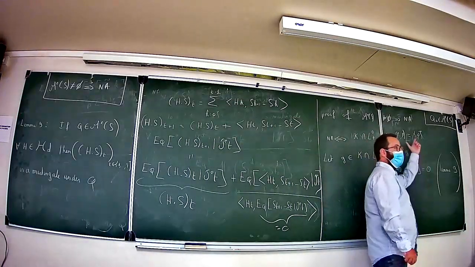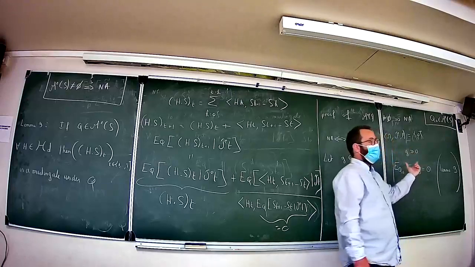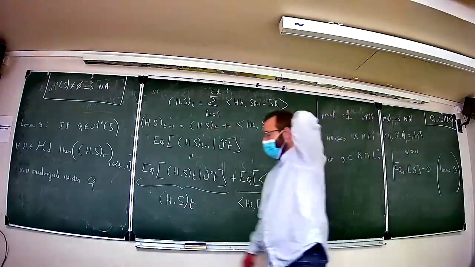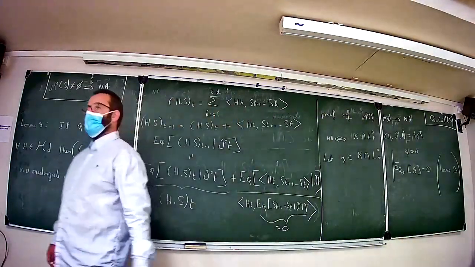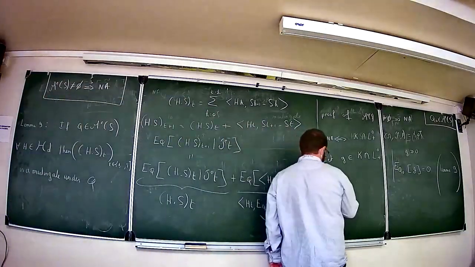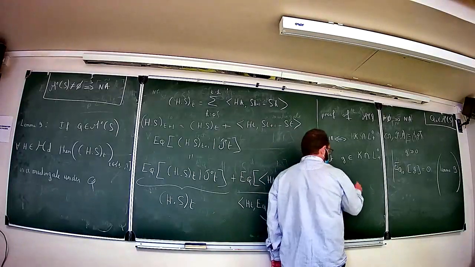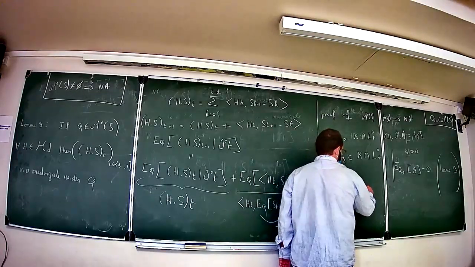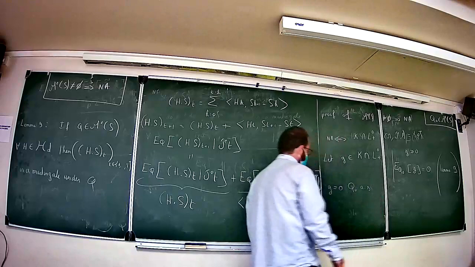So I am in this situation here. Okay. I have something that is positive with an expectation equal to 0. What can you say? So J equal to 0, Q0 almost surely.